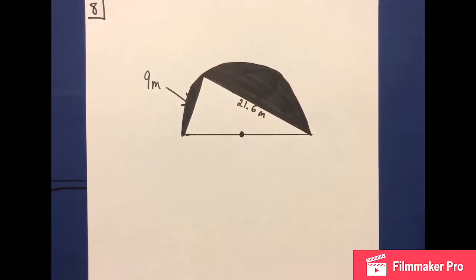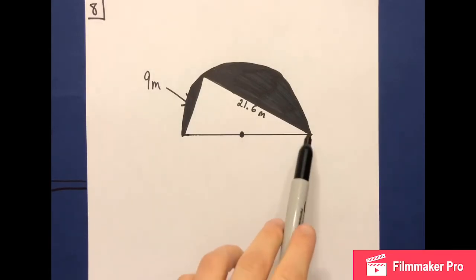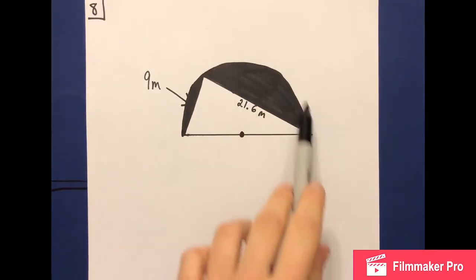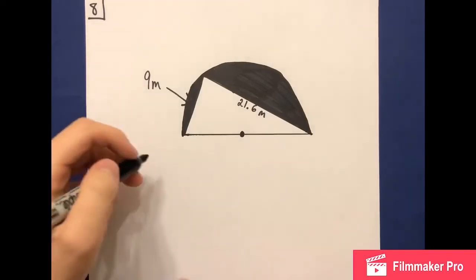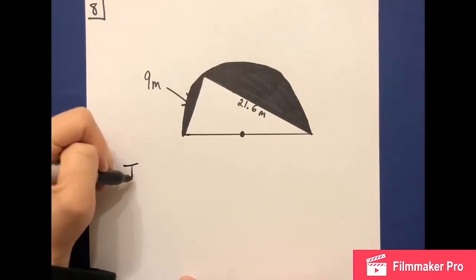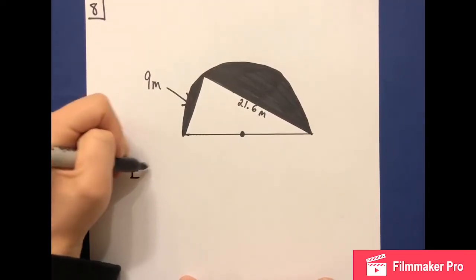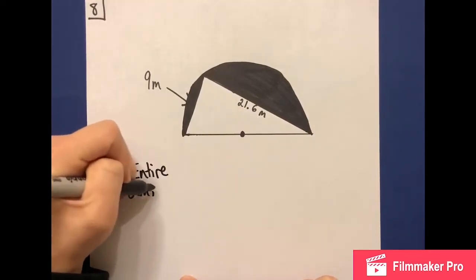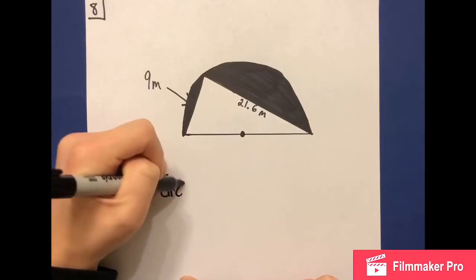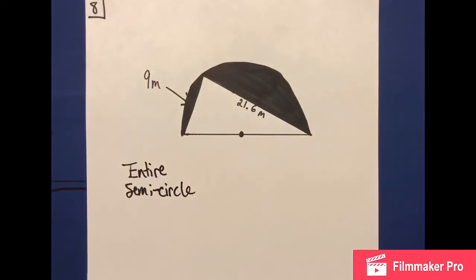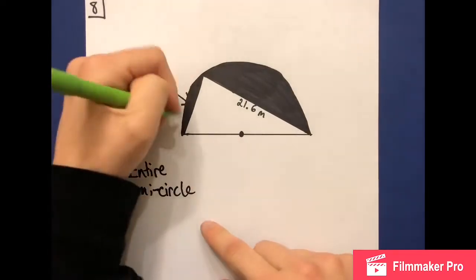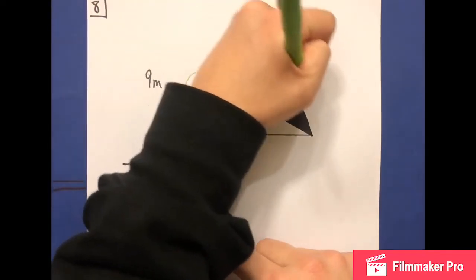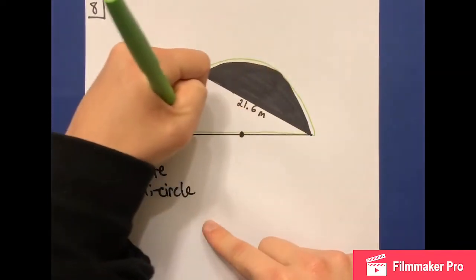Okay, so we're looking at the last one that I'm going to go over, number 8. So what we have is 2 shapes right now. I can see the entire thing is a semicircle, and that we're going to say is going to be green for us.